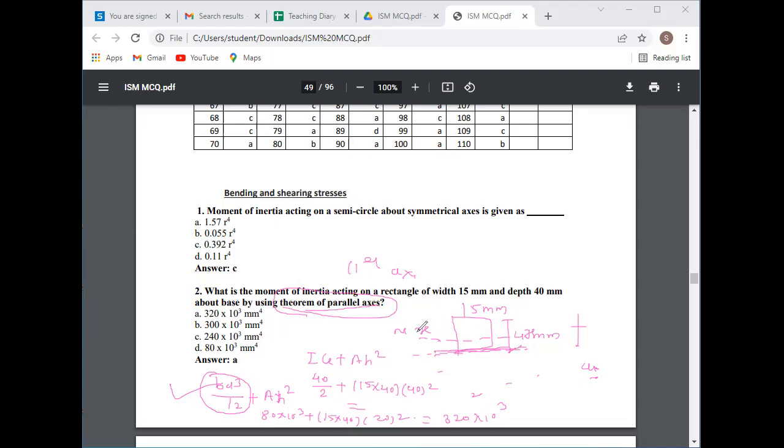And if it is moment of inertia about the neutral axis, then your equation is BD cube upon 12. Please remember this thing. If the question is about the base, at that time moment of inertia is the moment of inertia for that particular section plus AH square or A y bar square. Okay, H square or y bar square means centroid of that particular section. So by using this equation you have to find out the moment of inertia.